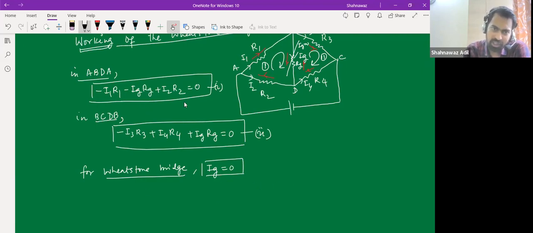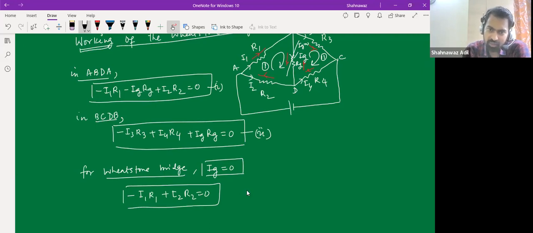So if Ig is zero, the equivalent equation would be what? I1 R1 plus I2 R2 equal to zero. This is the first. And then we have minus I3 R3 plus I4 R4.